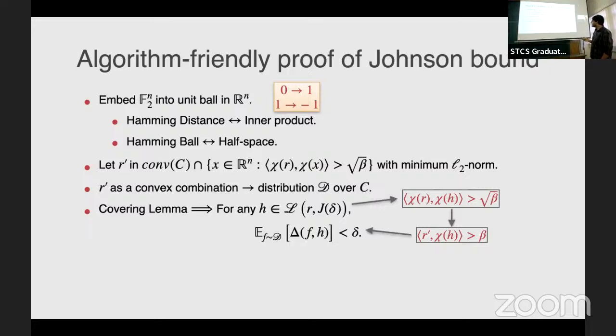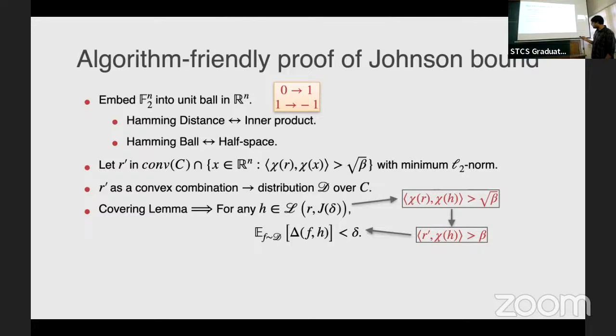That gives us this, and this is something you know for every H in your family. Therefore, the covering lemma says that if you replace chi of R with some R prime in the convex hull, it has this property, and that corresponds to a distribution. And this is all linear, so you can put it into an expectation. It's not going to change.